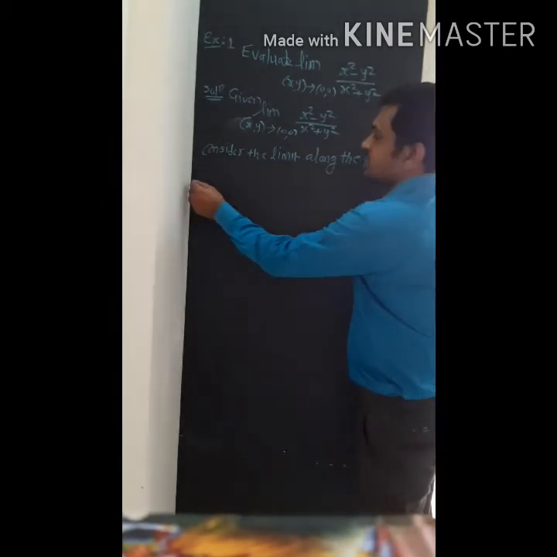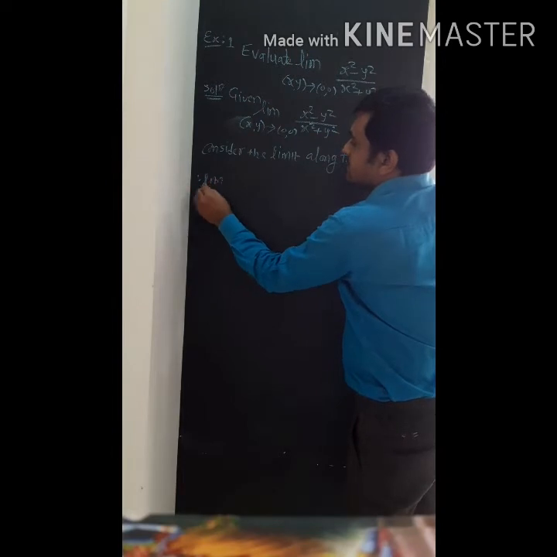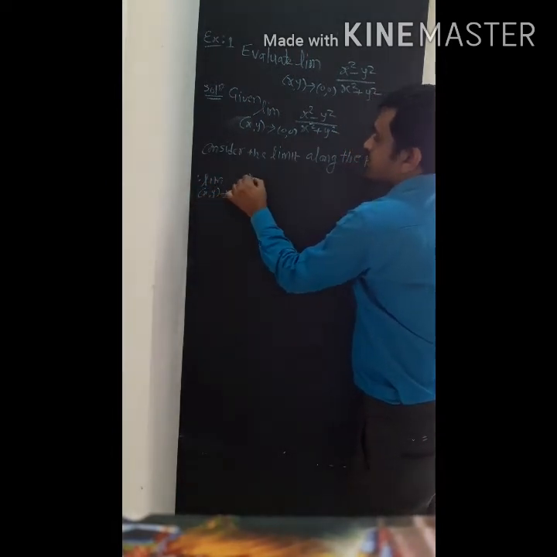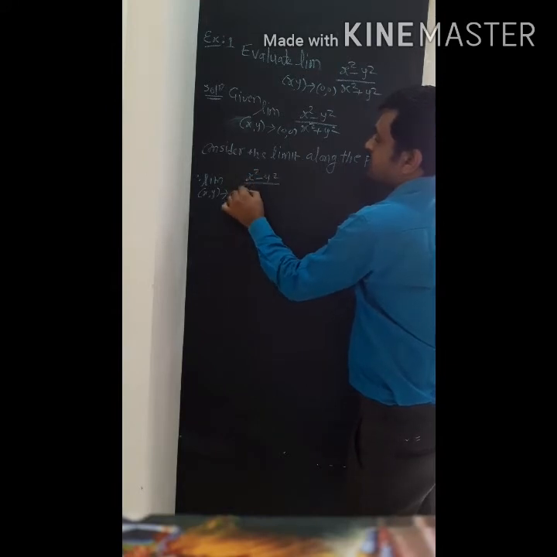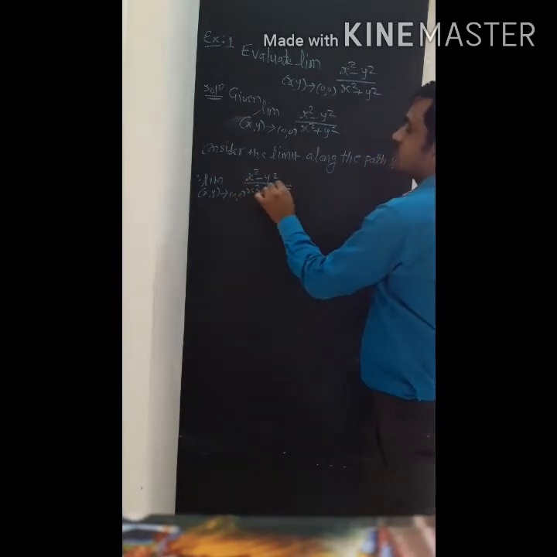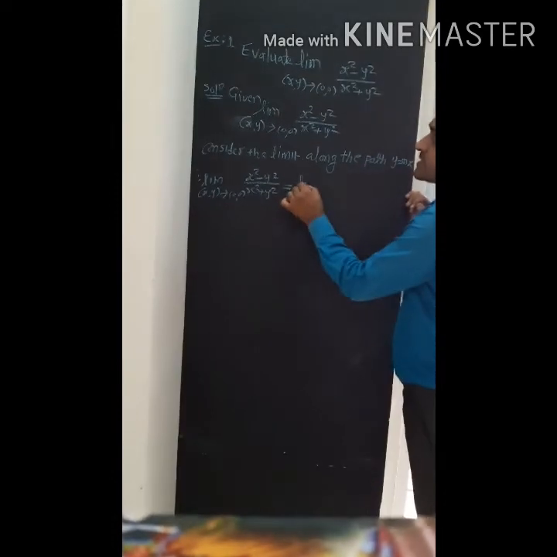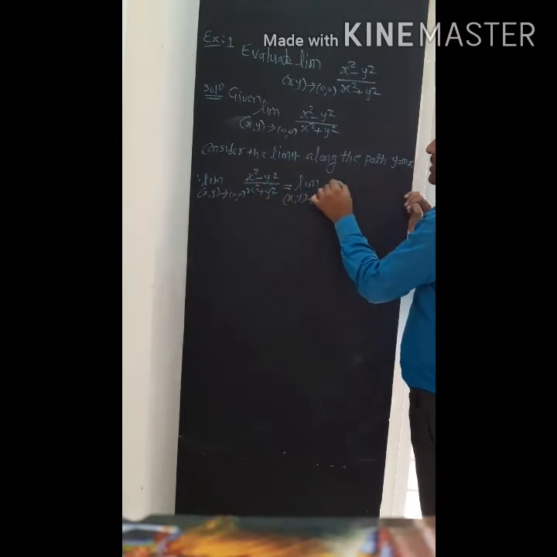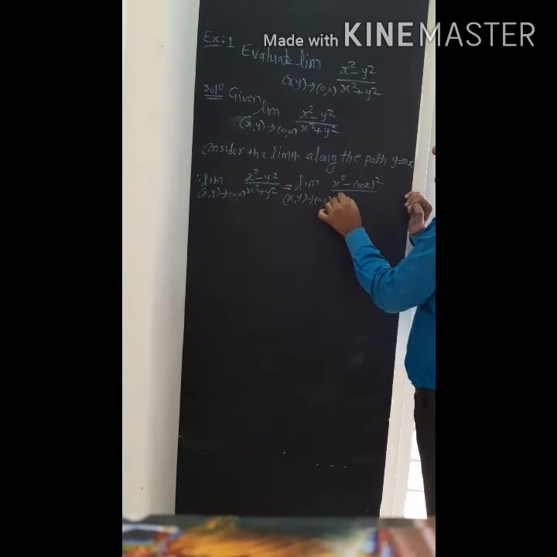So this limit becomes, therefore, limit (x,y) tends to 0 of x square minus y square upon x square plus y square is equal to limit (x,y) tends to 0, just replace y with mx. So x square minus m square x square upon x square plus m square x square.